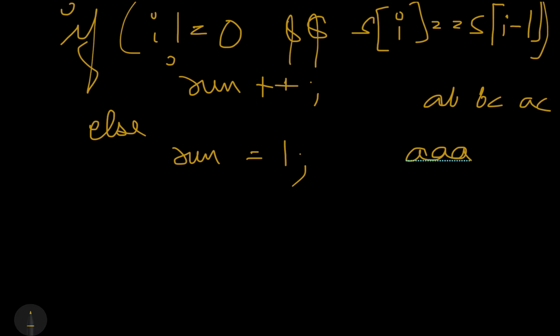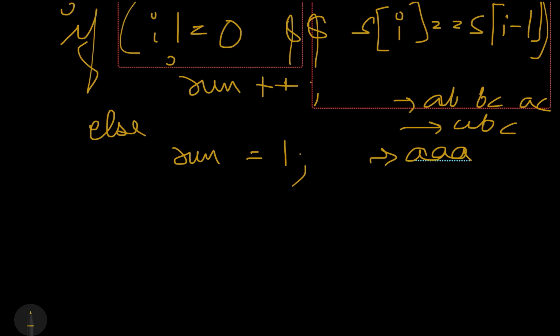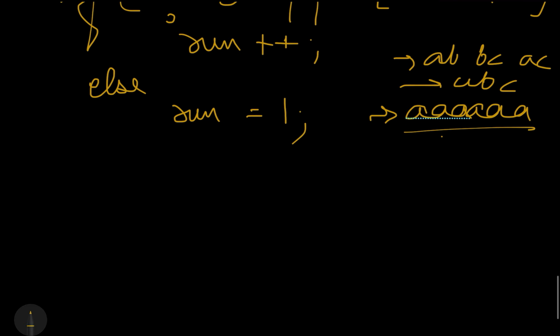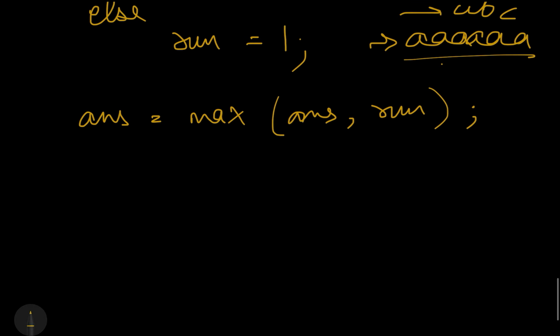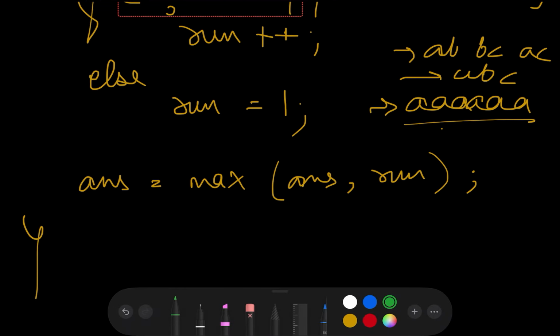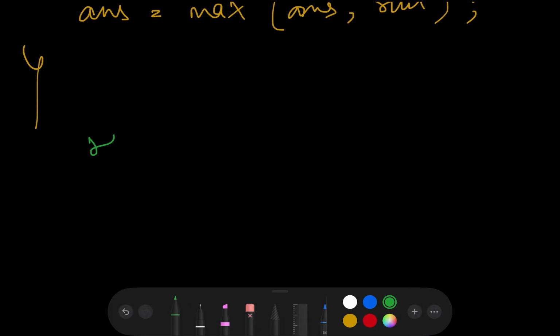We have tracked AB, BC, AC, ABC, so the run counter will track the case we discussed where only a single character is there. At last we'll check if answer is max of answer comma run. This way we have tracked all three cases: case 1, case 2, and case 3.